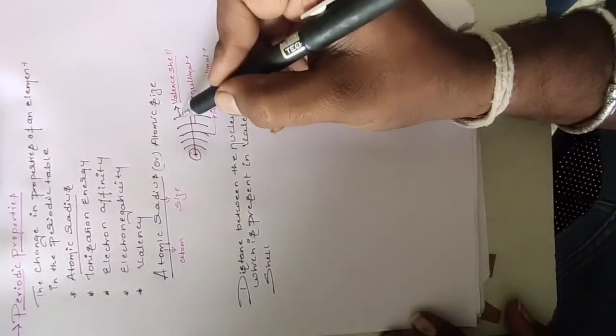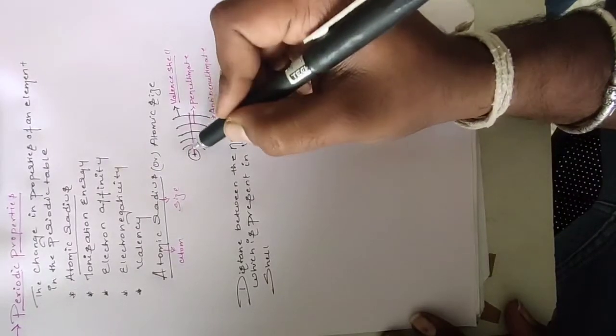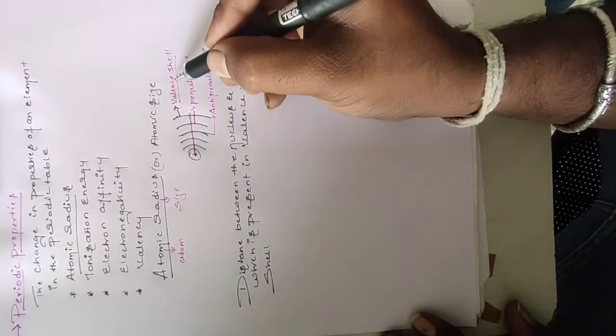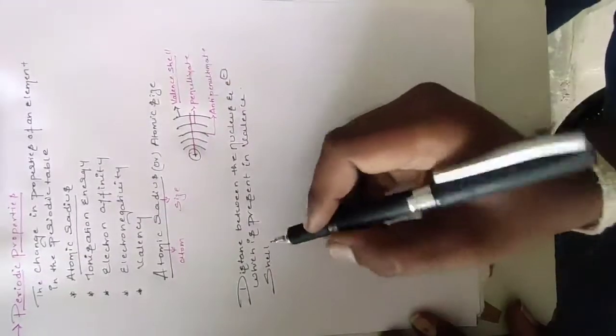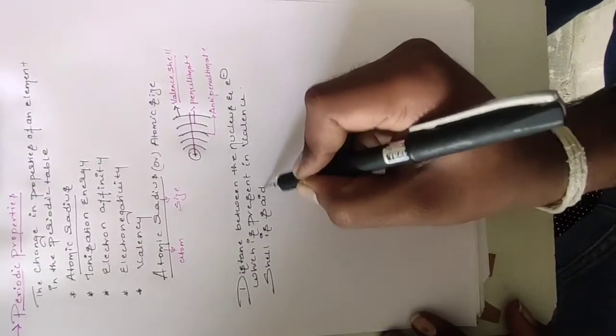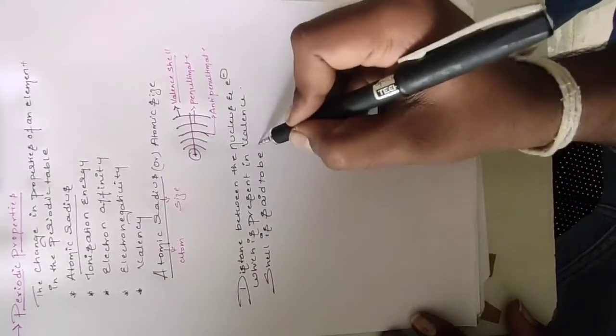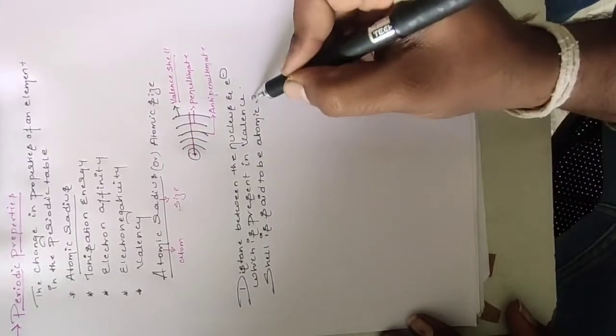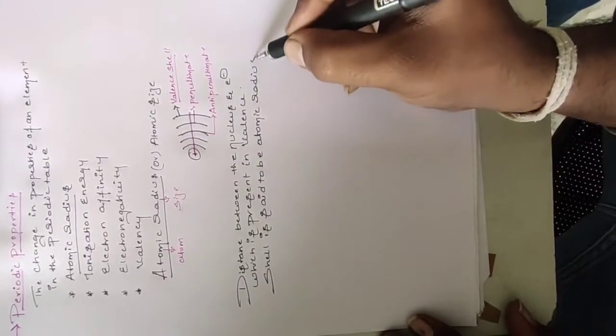Means you see, here the electrons are present, no? The distance between the nucleus and the last electrons present in the valency shell is said to be atomic radius. Can you understand this?